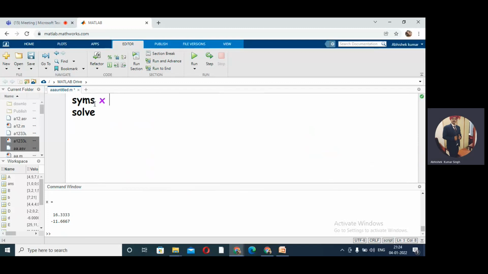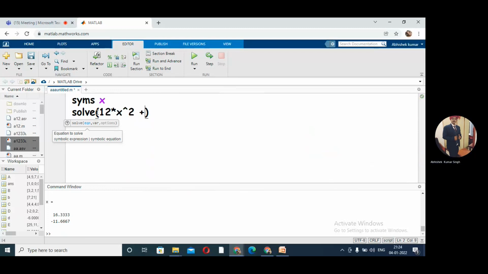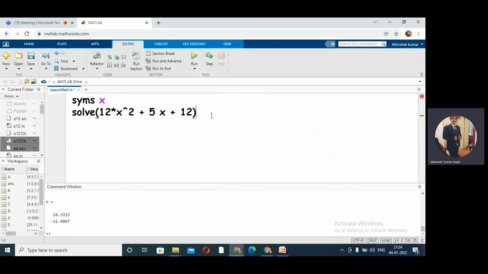X is the symbolic variable, and I have one polynomial, 12 into x square plus 5x plus 12. Okay, so the solve command will solve the algebraic equation. Fine, you can see that.